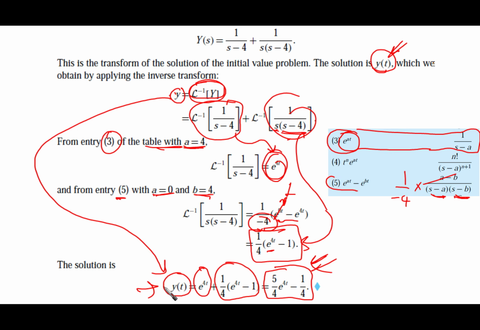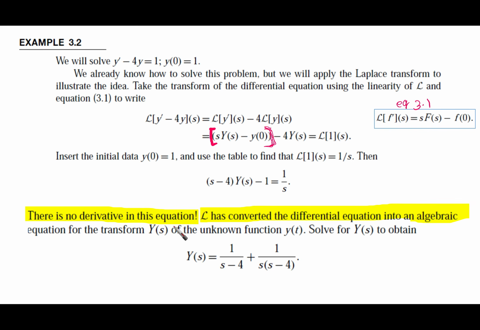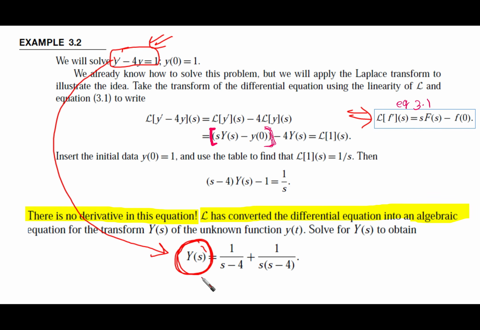So let's go back to understand what we have done. Here we started with a differential equation. We applied our theory, which is equation 3.1, to transform this differential equation with y prime and so on. We changed it to what? Exactly, an algebraic equation in the Laplace transform.